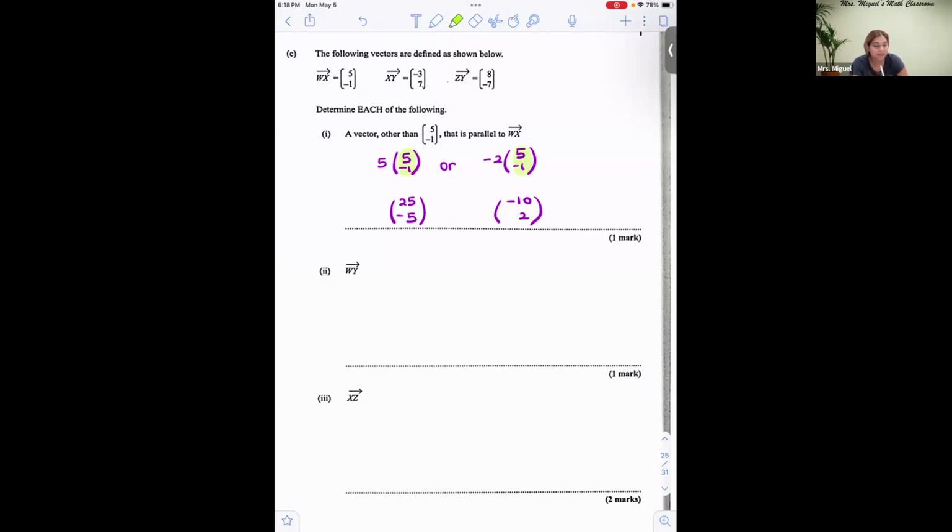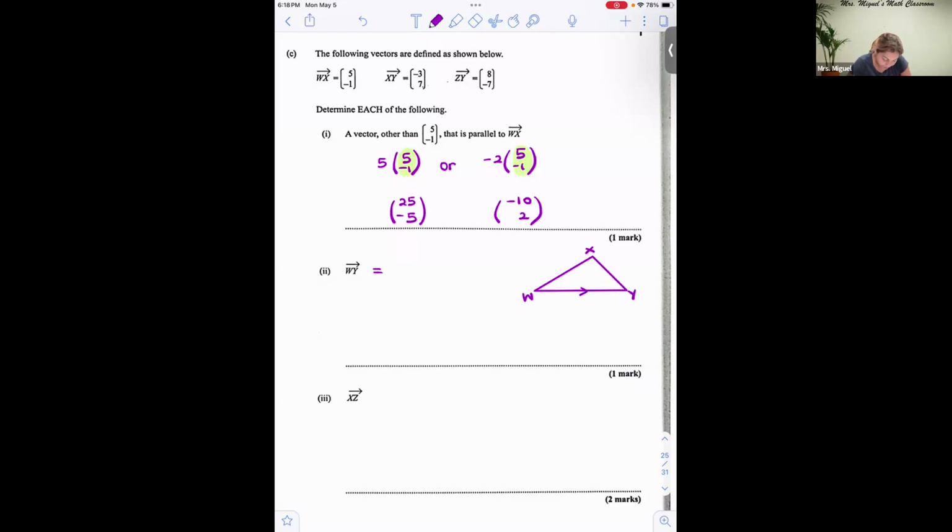Now, what I am interested in is to find vector Wy. Now, if you notice, Wy is connected to X. So they didn't give you the vector, they give you Wx and Xy. So we're going to draw a diagram. So in my diagram here, I'm going to label W, X, and Y. So I want Wy.